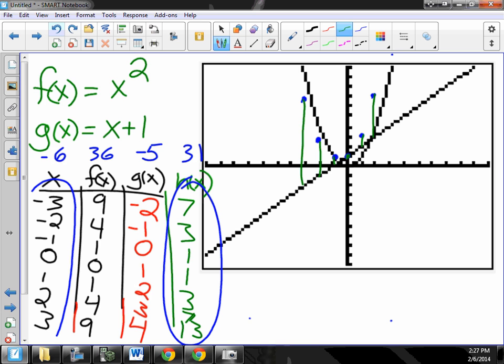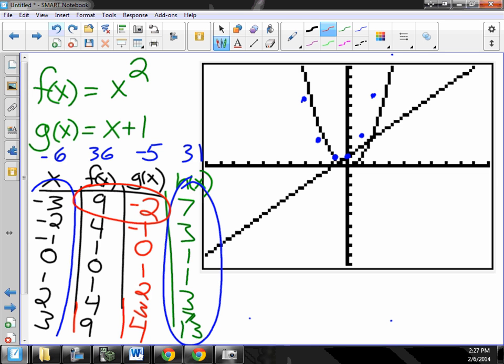Good. Okay, so it probably makes more sense in this case to compare the quadratic to the line instead of the other way around. Let's look at the numbers. The value of the quadratic was 9, and the value of the line was negative 2.